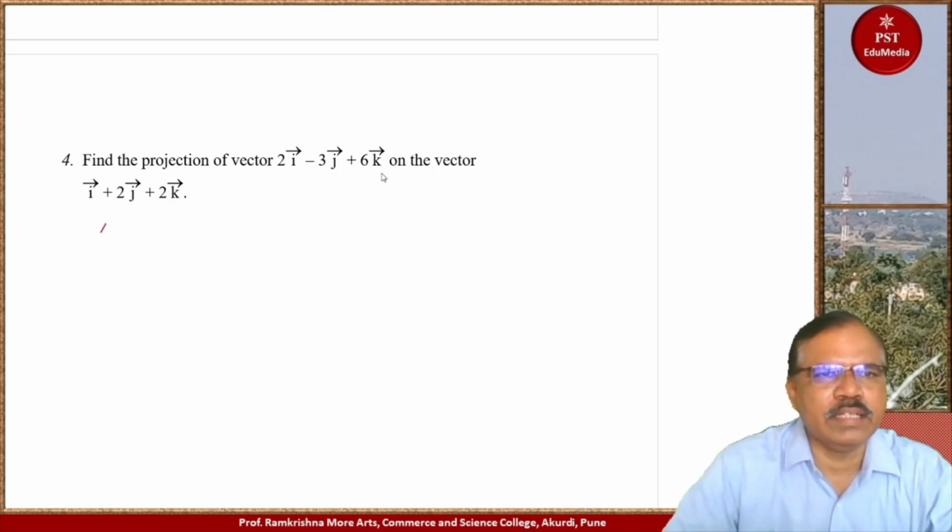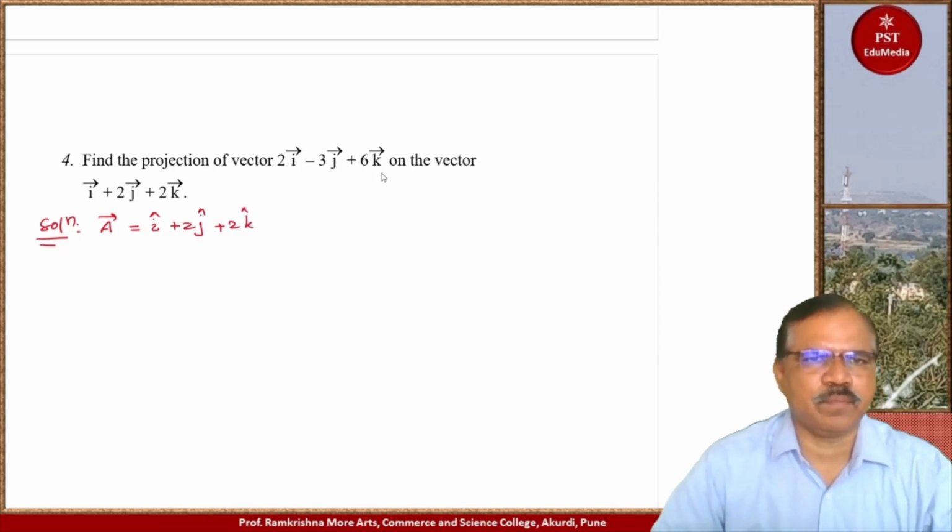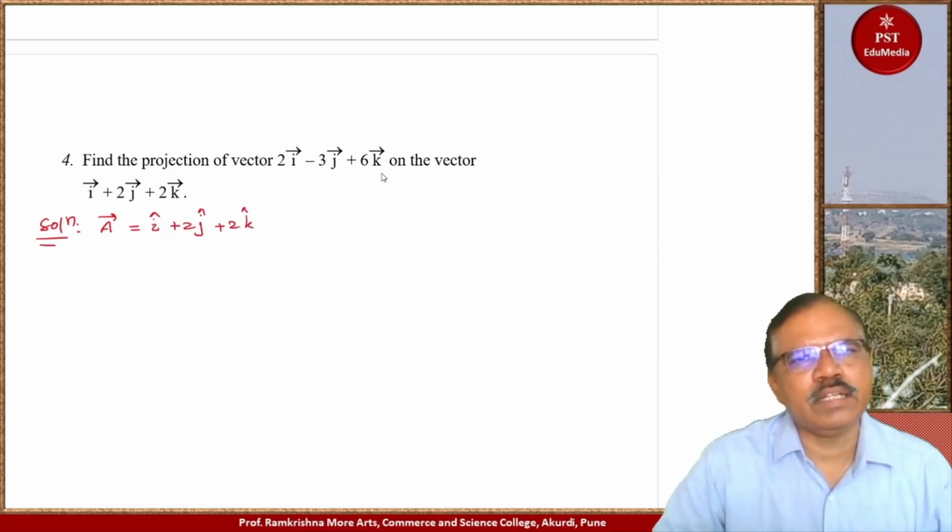We will take vector A equal to i plus 2j plus 2k. This is vector A. And vector B is equal to 2i minus 3j plus 6k.